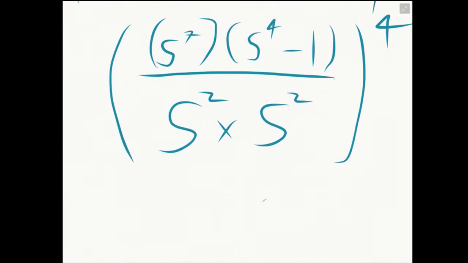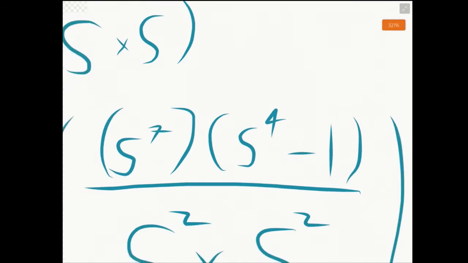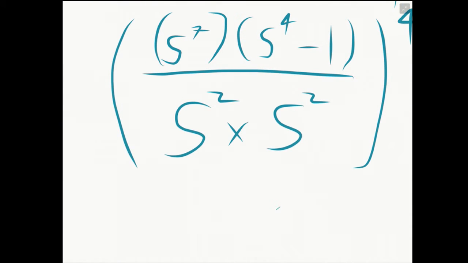Okay, so now up here we actually have some basic multiplication to do, also kind of distributive property. So initially we have s to the power of 7 times s to the power of 4, and that is once again multiplication of powers with the exact same base. So we can add those exponents up to get s to the power of 11.